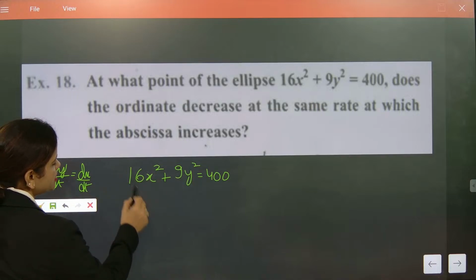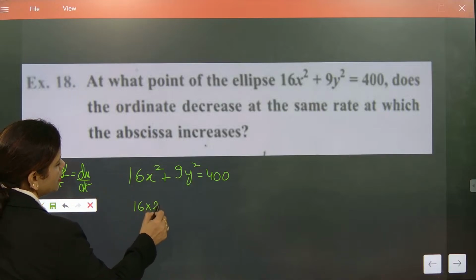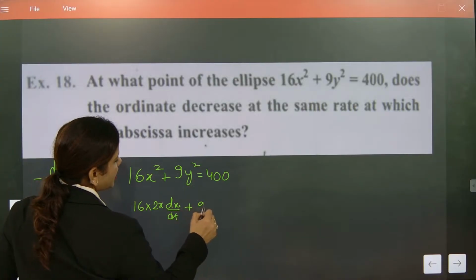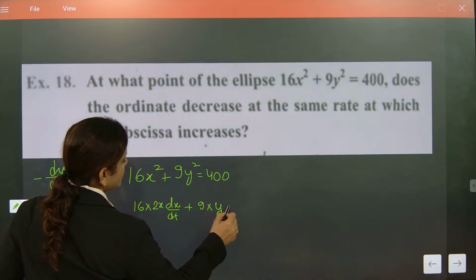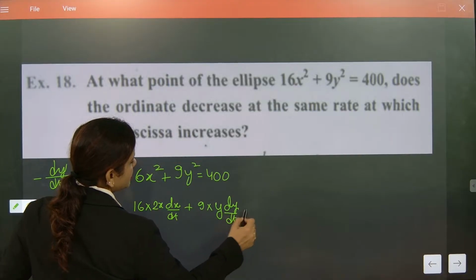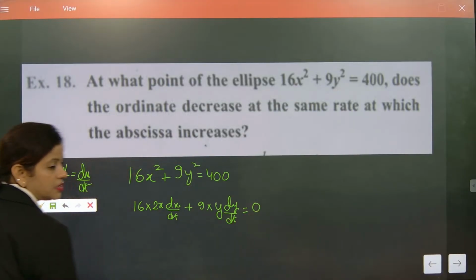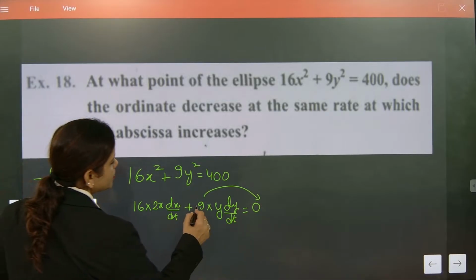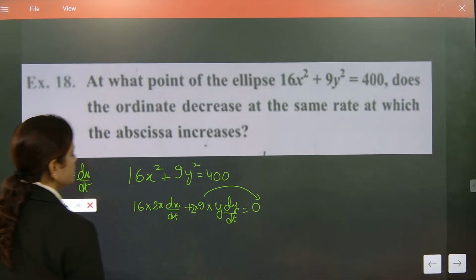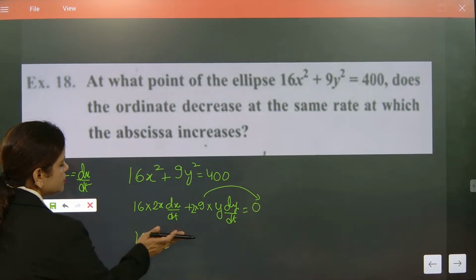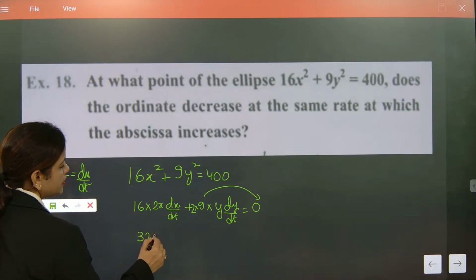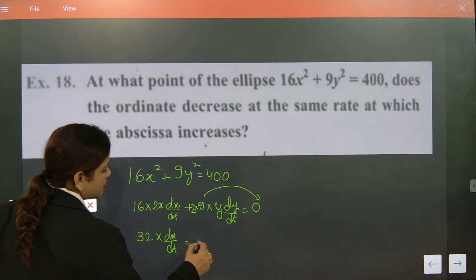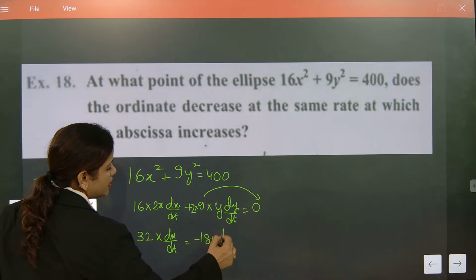First we will differentiate. It will become 16 into 2x dx by dt plus 9 into 2y dy by dt equal to 0. That is the differentiation part. So this one we will shift to that side. So 32x dx by dt is equal to minus 18y dy by dt.